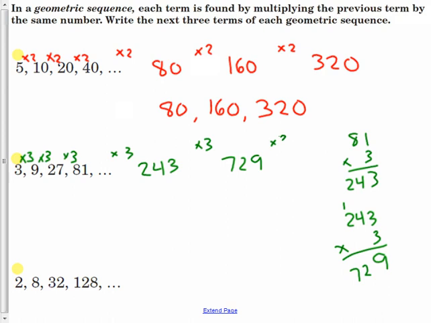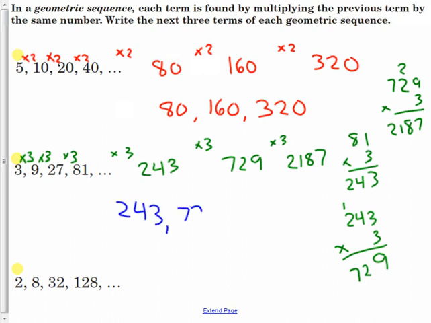And 729 times 3 is, looks like 2,187. Again, you'll see how quickly these numbers shoot up on you compared to arithmetic sequences. So we have 243, 729, and 2,187 are my next 3 terms in this sequence.